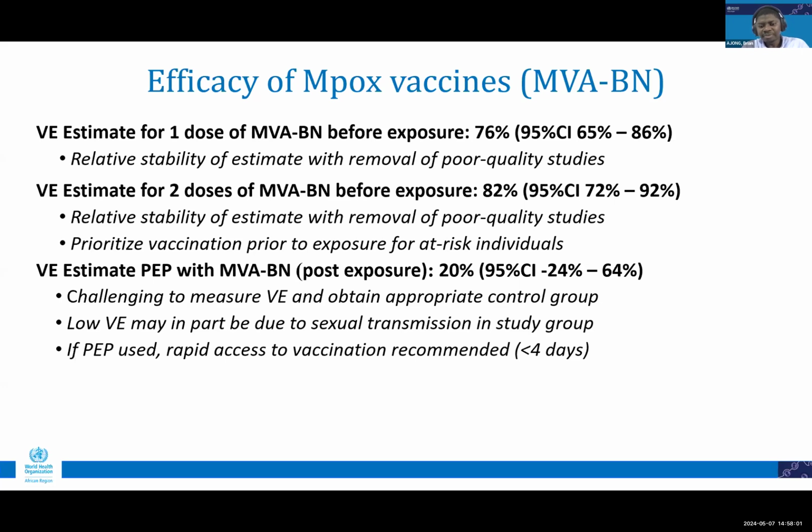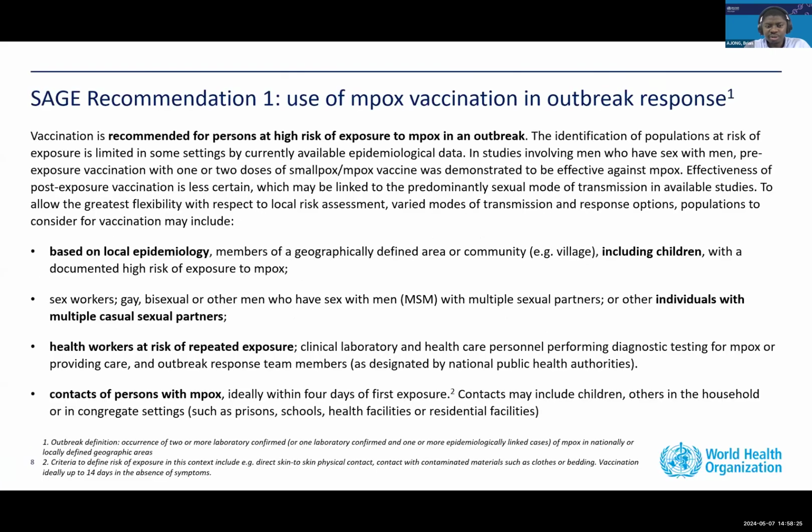But as well, it's worth noting that these studies were done during the pandemic, and maybe sexual transmission is a more effective way of transmission, and that also shortens the incubation period of the disease. So that could be some of the reasons why we are seeing a very low post-exposure prophylaxis efficacy.